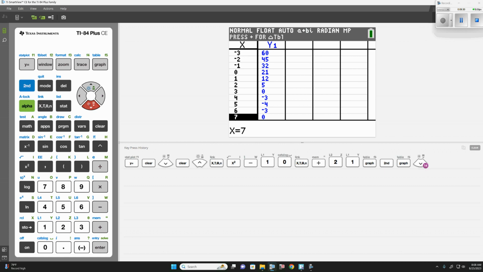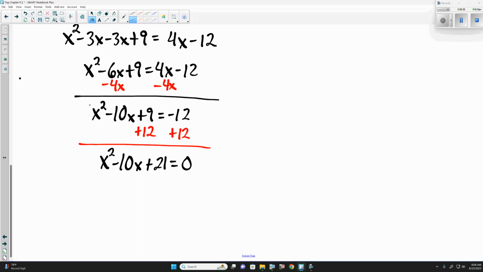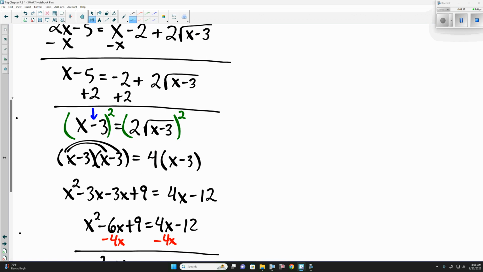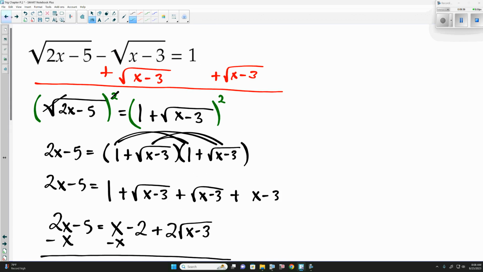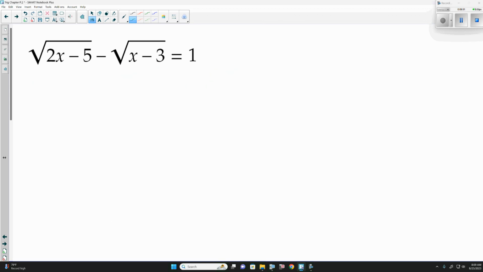So the two solutions for this are 3 and 7. And the last thing we need to do is actually check it back in the original problem just to make sure that it does work.